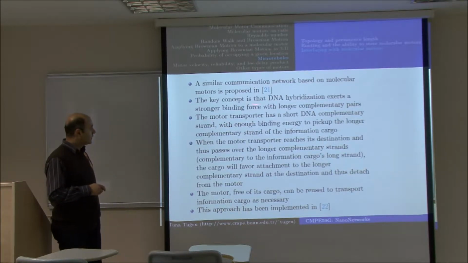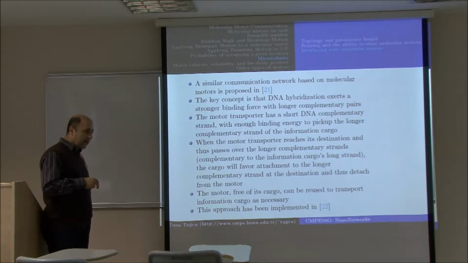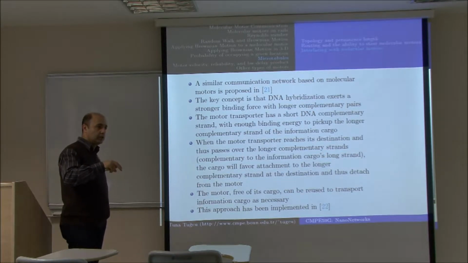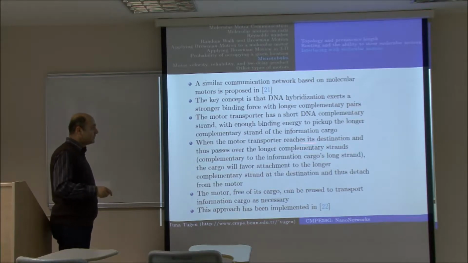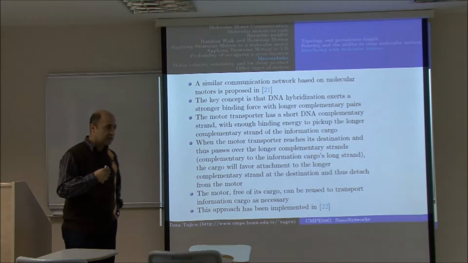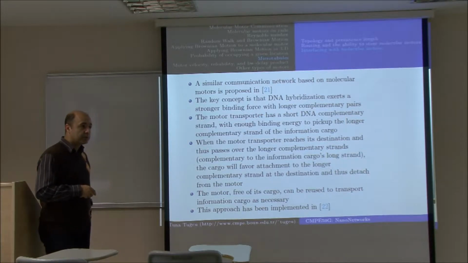Okay? So the transporter itself has a shorter strand. And this molecular motor is carrying its cargo along the microtubule, and when it reaches its destination, there you will find a longer complementary strand. Since it's longer, it will have a stronger attraction with the cargo compared to the molecular motor, which has a shorter DNA complementary strand.